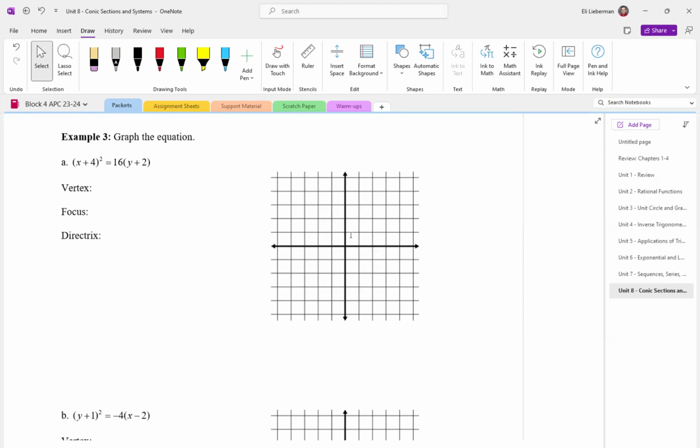Why is it 0, not negative? No, it's still negative 4, 2. The focus always has to be the same. I said A equals 4, so it's 1, 2, 3, 4. Because the point is at the origin.